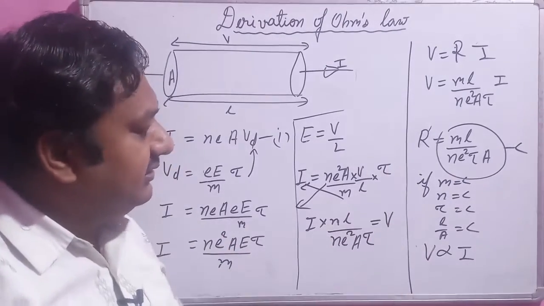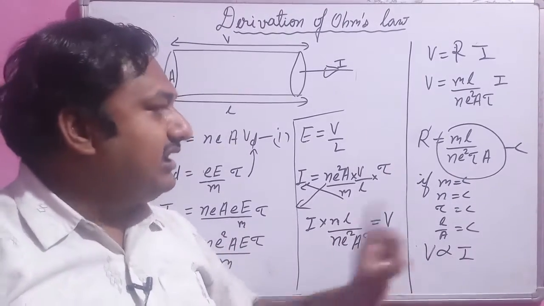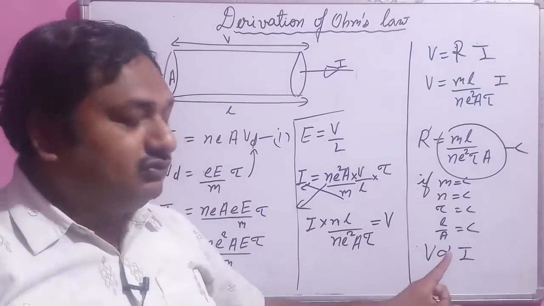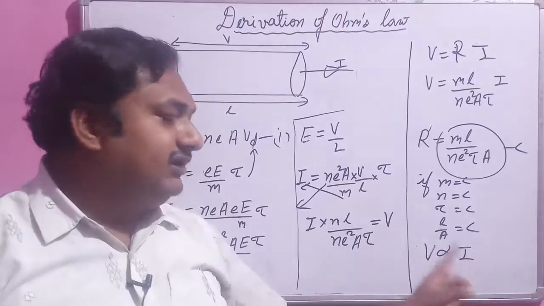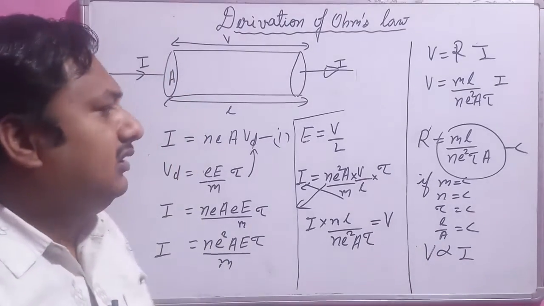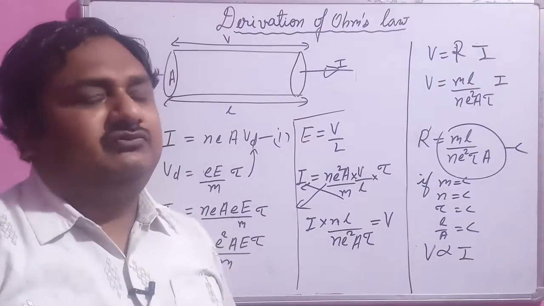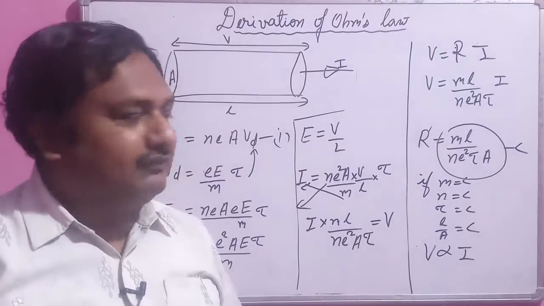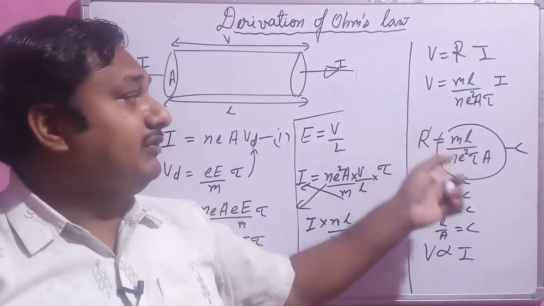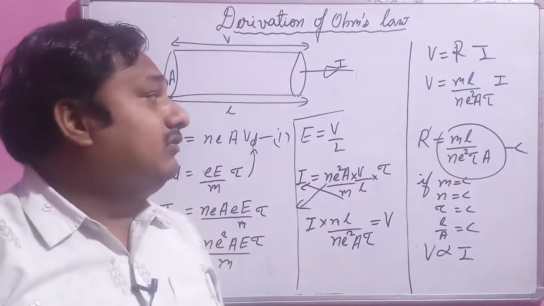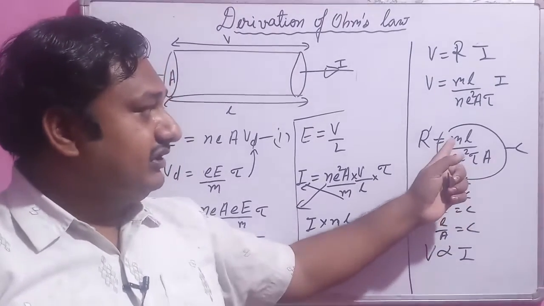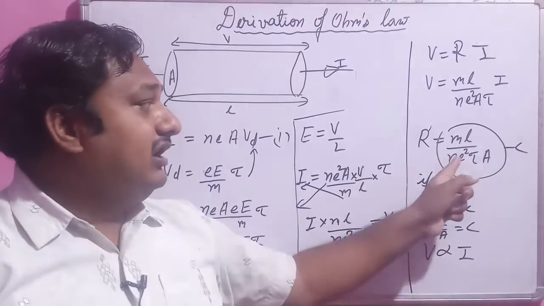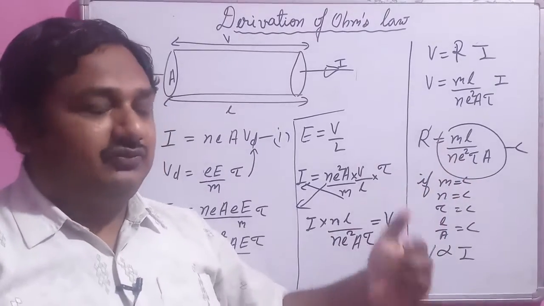Then we can say that V is proportional to I: the potential difference across the conductor is directly proportional to the current flowing in the conductor. As I said, we discussed Ohm's law in the microscopic form, introducing microscopic terms like the mass of the electron, charge of the electron and number density.